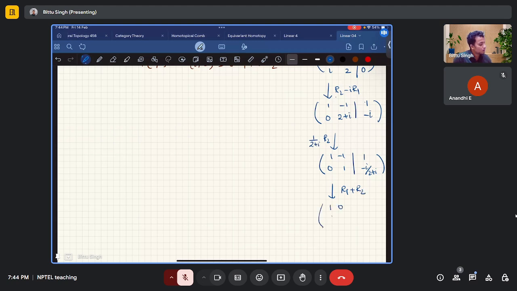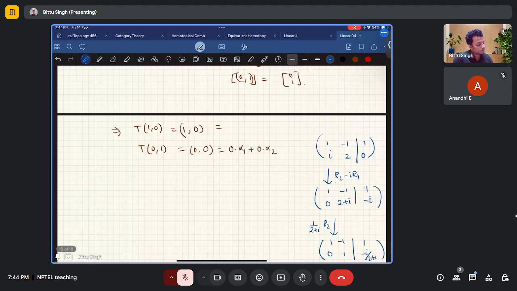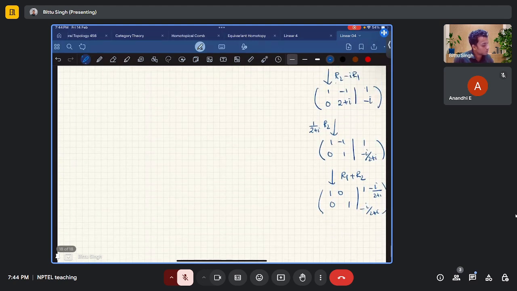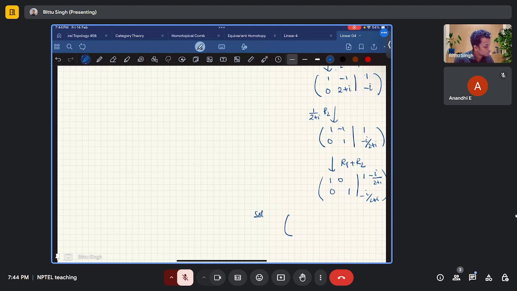This will make identity on the left side, and it is 1 minus I by 2 plus I, minus I by 2 plus I. So the coordinate is actually easy to solve. So the solution of this thing is 1 minus I by 2 plus I, and minus I by 2 plus I.